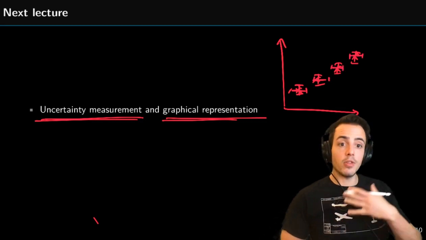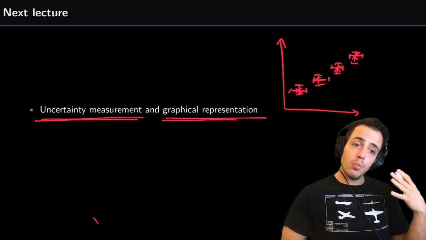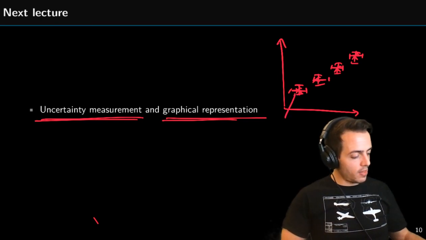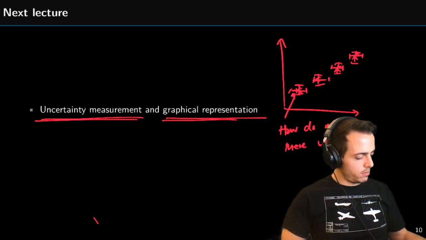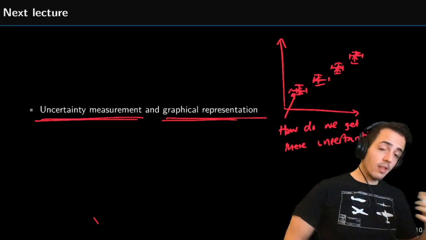So we're going to talk about how we can do that with measured data. We're going to talk about firstly how we get these uncertainties.